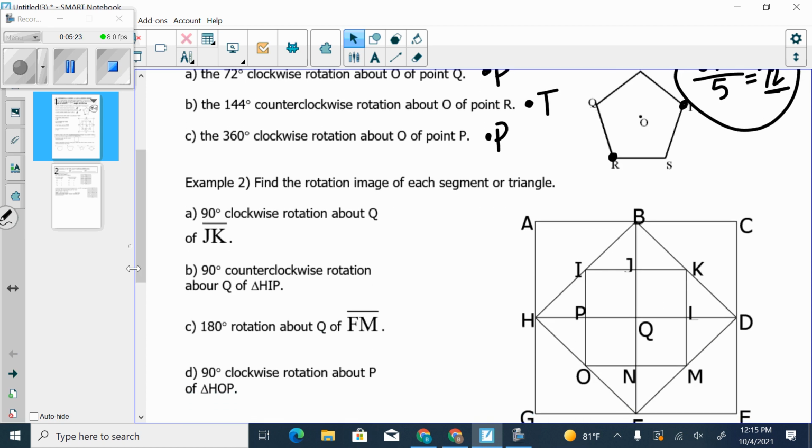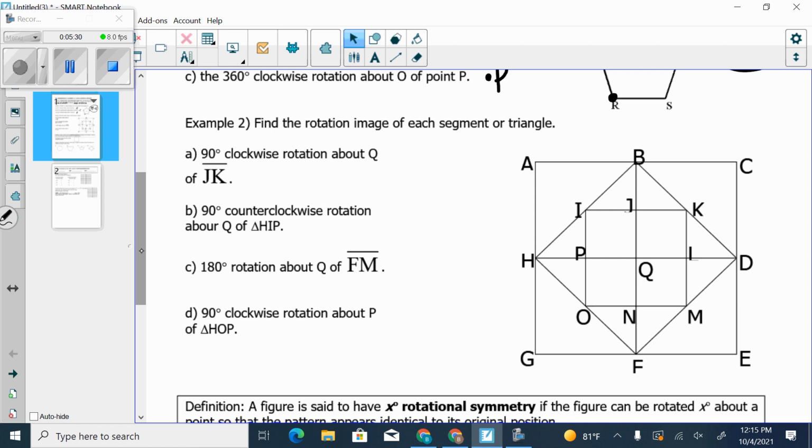says to find the rotation of each image, of each segment or triangle. So we've got a few different things going on here. We see we've got these 4 squares here. We got one really big square turned diagonally, and we've got all these little triangles that they're talking about, right?